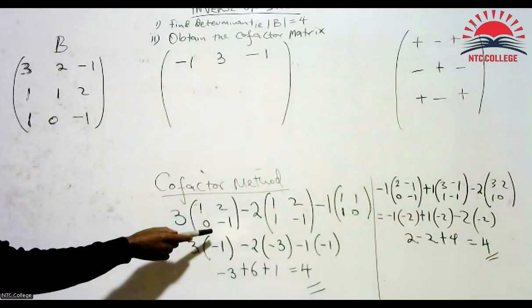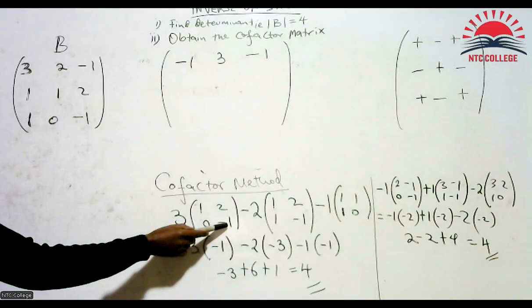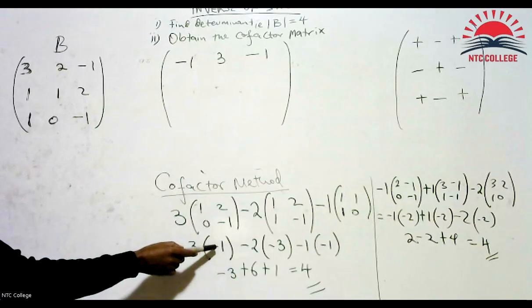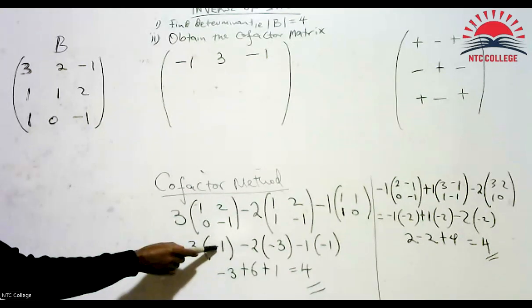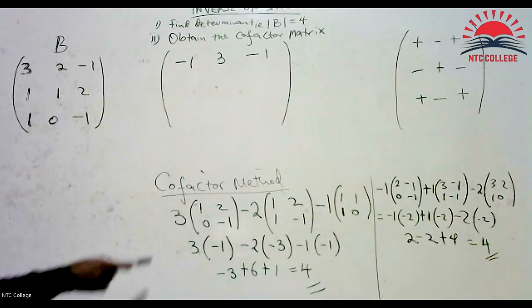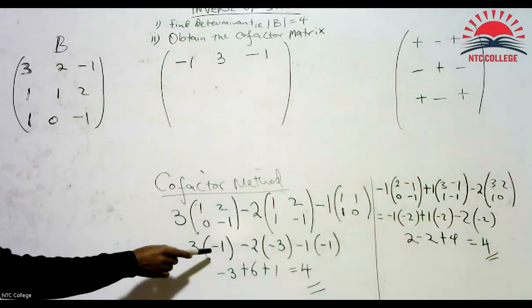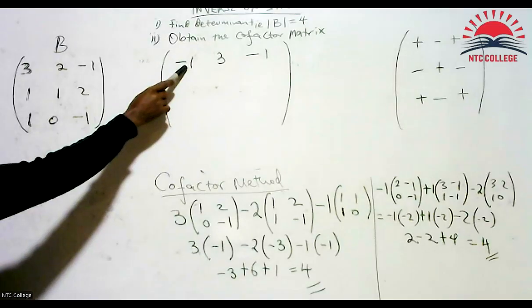If we solve it, 1 times -1 is -1, minus 0 times 2 is 0. So that is where we got -1. Because it is -1 here, in finding the cofactor matrix you don't have to use the 3 outside. That is now the difference. So we obtain -1, and I have it here.